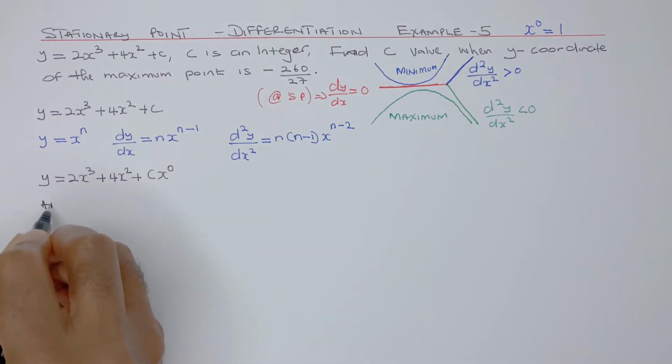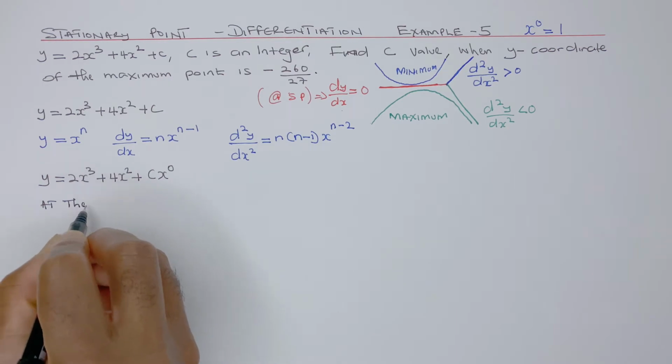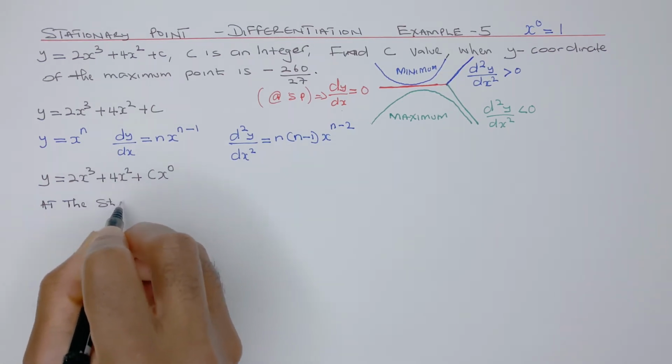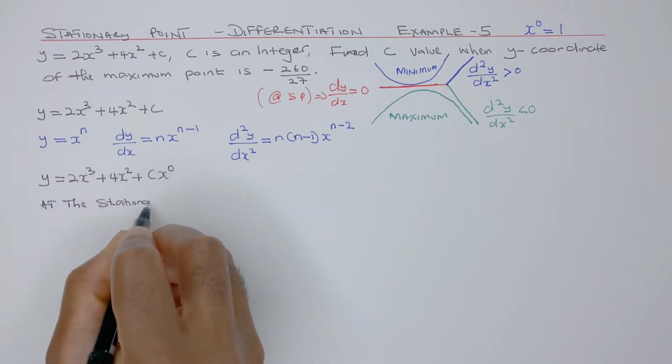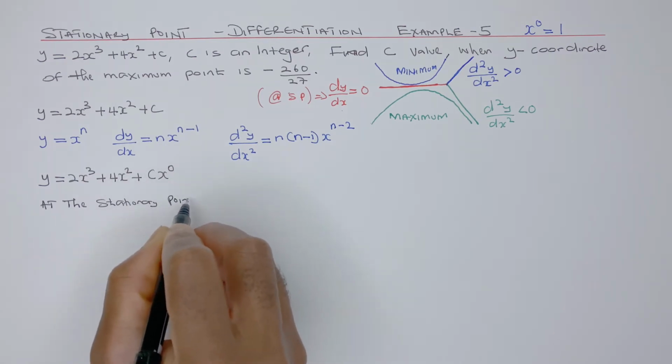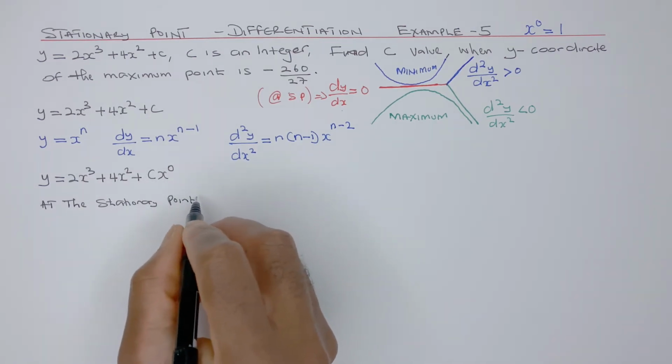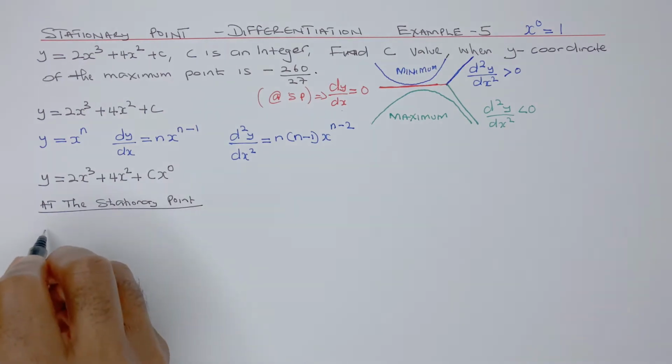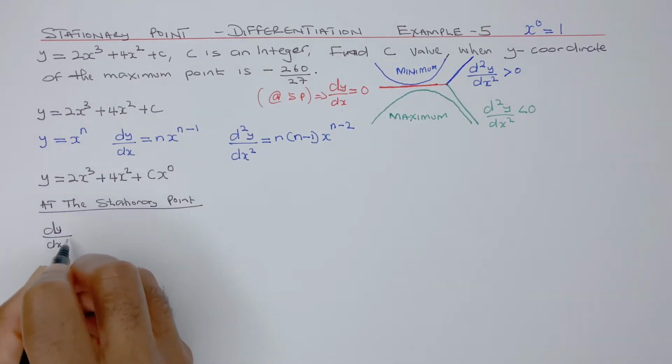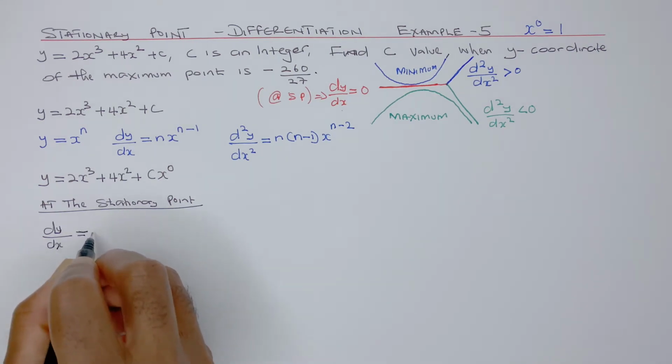So at the stationary point or the turning point, dy/dx will be equal to 0.